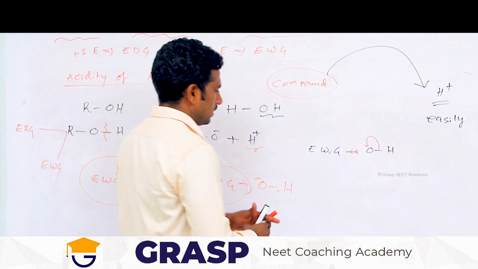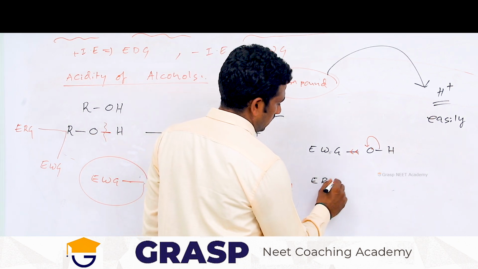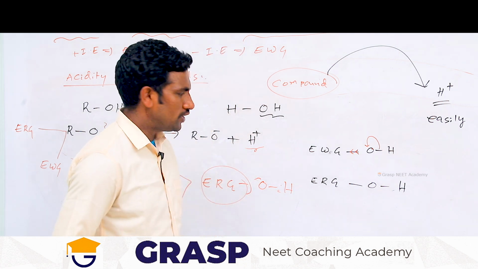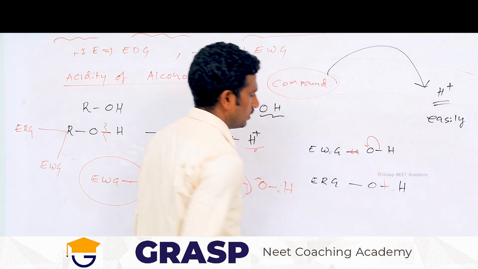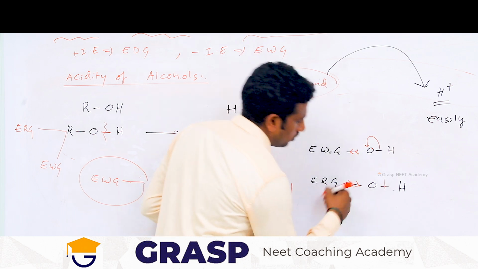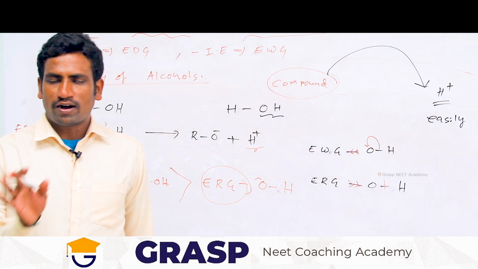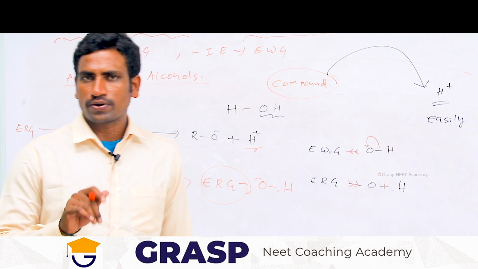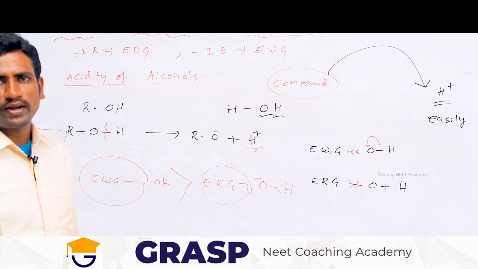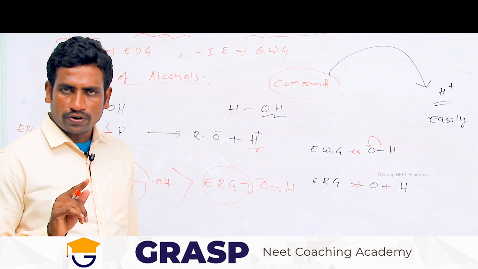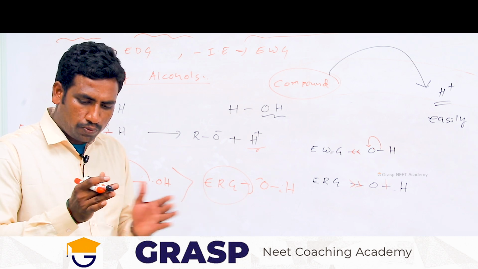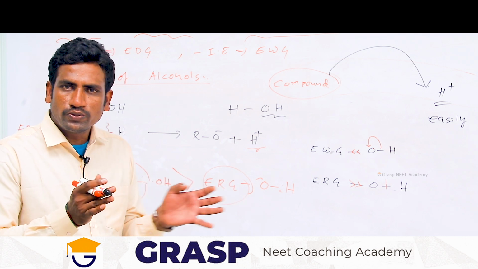If there is an electron releasing group, then cleavage of the oxygen hydrogen bond is difficult. Why? Here electrons are donated towards the oxygen side. Oxygen is not required to take the electron from the oxygen hydrogen bond, because already from the opposite side electrons are being given to the oxygen.